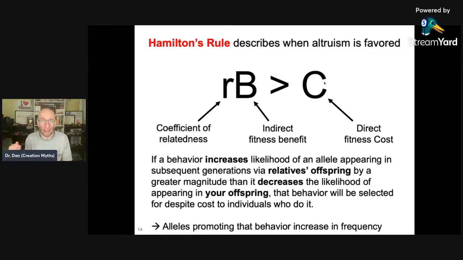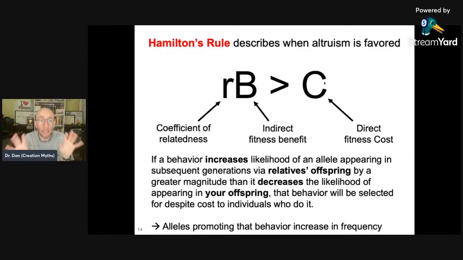If the benefit to the frequency of that allele indirectly is greater in magnitude than the direct cost, you're still going to select for that behavior in spite of the direct cost. And the result of this, if you dig into the actual genetics, is that the alleles that promote the altruistic behavior will ultimately increase in frequency.